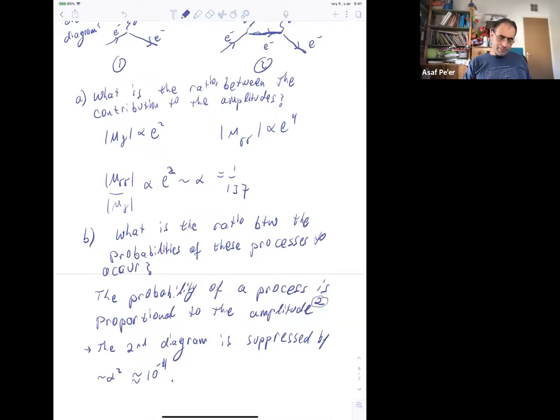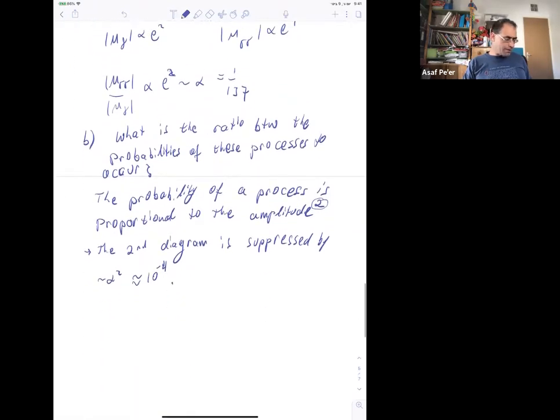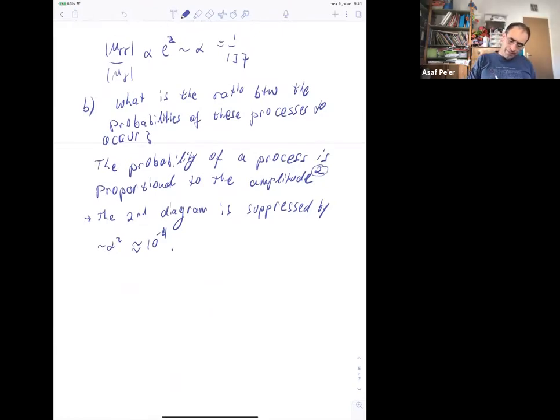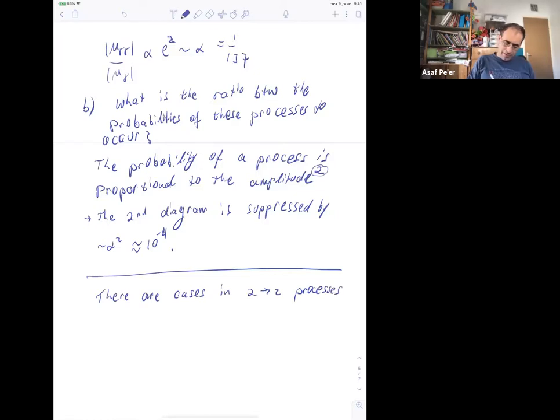Now let's take another example. There are cases, often actually, in a scattering process, in which there is more than a single leading order diagram.